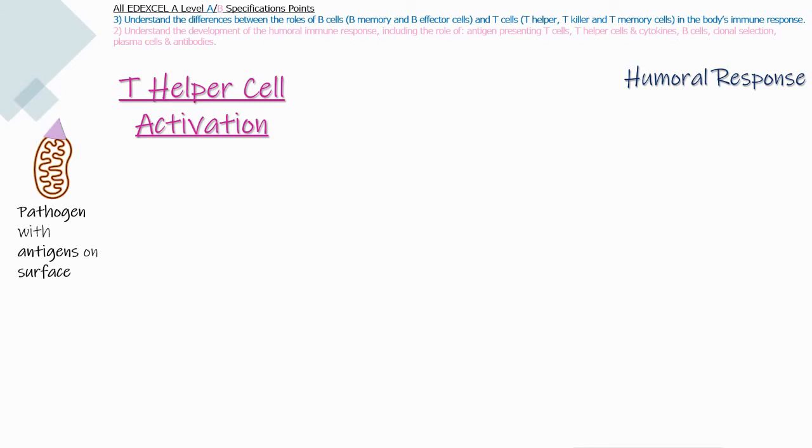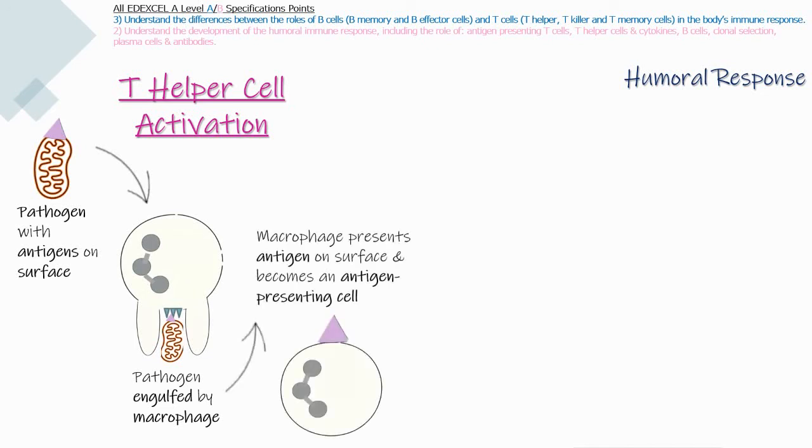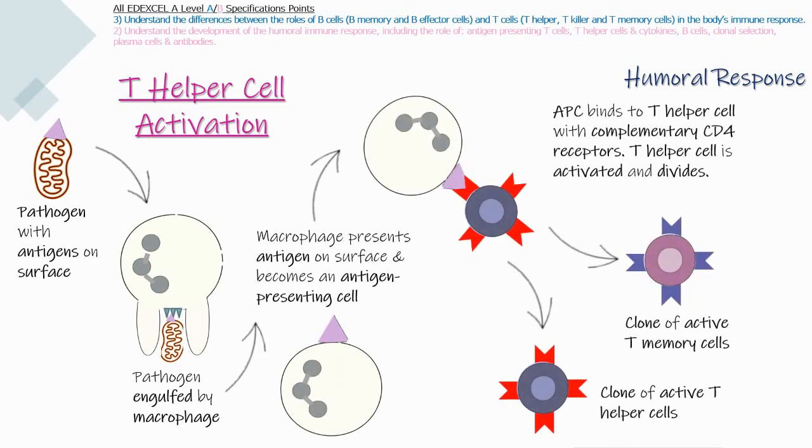So this begins with T helper cells becoming activated. This process begins with a pathogen with antigens on its surface, and this pathogen is then engulfed by a macrophage via phagocytosis. The macrophage then presents the antigen on its surface, becoming an antigen-presenting cell. The antigen-presenting cell then binds to the T helper cell with a complementary CD4 receptor.